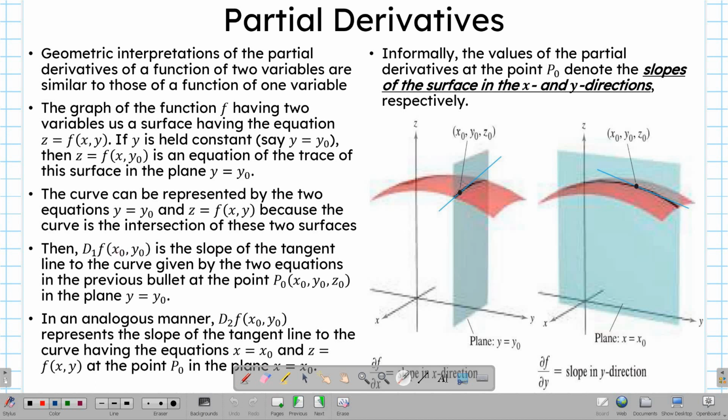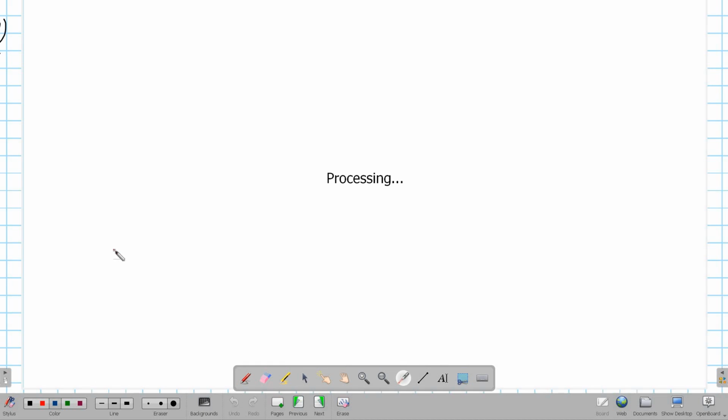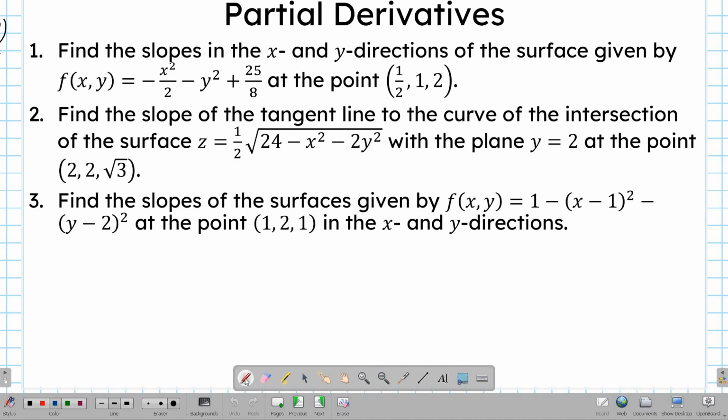Hence, the partial derivative that we have to look for is in terms of x. That would mean that if you want to find the slope of the surface with the plane y equals something, this is your indication that what you're looking for is z sub x or z sub 1.